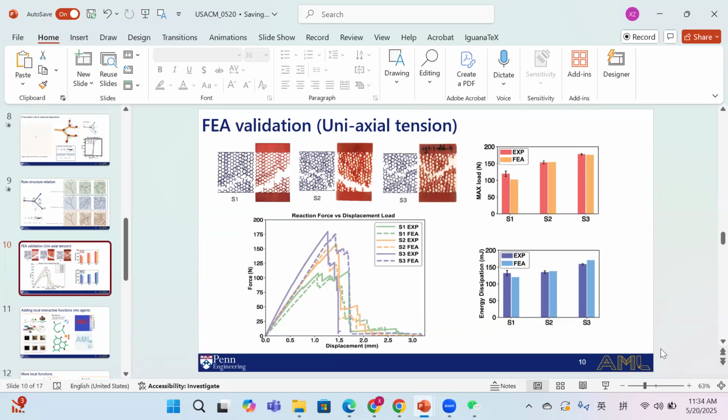Hi, Xiaoheng. Hello. It's a very nice talk and great work. I have one quick question. I think your work is trying to link the property with the optimized structure. I'm just wondering, how compatible is your computational design with what you 3D print?